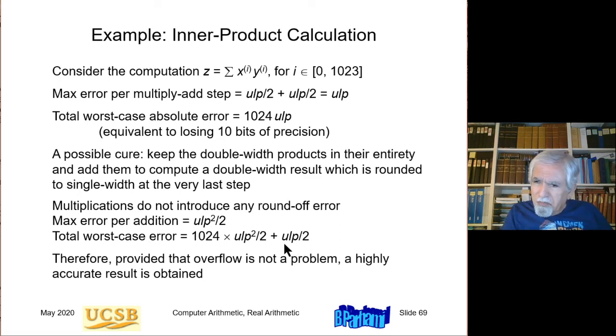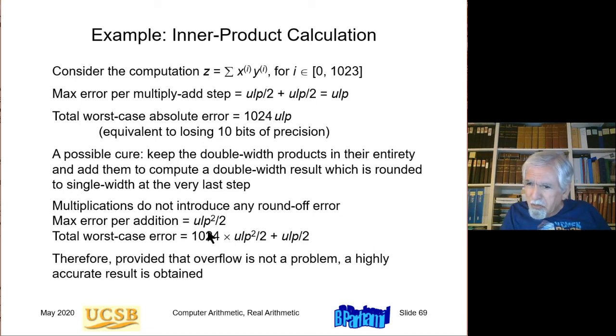So this number can be fairly small because if ULP, let's say, is 2 to the minus 23, even for a short floating point number, this will be 2 to the minus 46 divided by 2, which is 2 to the minus 47. 2 to the minus 47 times 2 to the 10 is 2 to the minus 37.